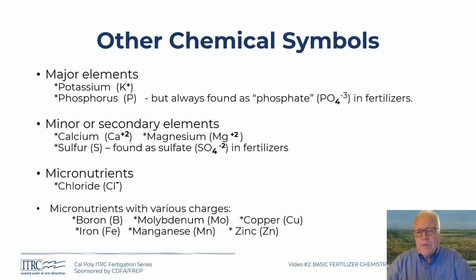The micronutrients then, again, are essential nutrients, but they're just required in very small amounts. And so we have boron, which I mentioned before is often toxic at very small concentrations for some crops like almonds, citrus. Then there's molybdenum, copper, iron, manganese, and zinc.